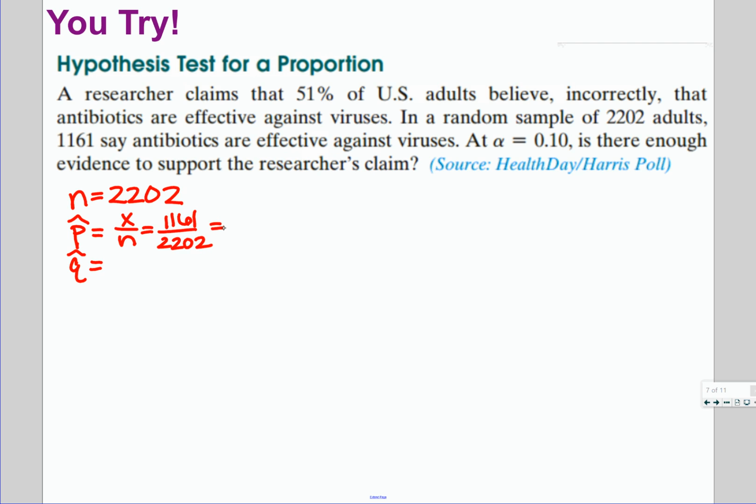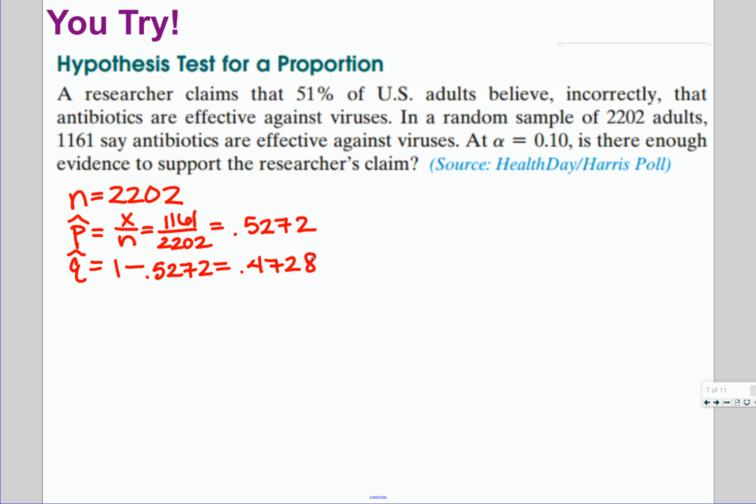We get 0.5272. I'm going to give it a few decimal places on these ones, because they're not exact. So Q hat is 1 minus that, 1 minus 0.5272.